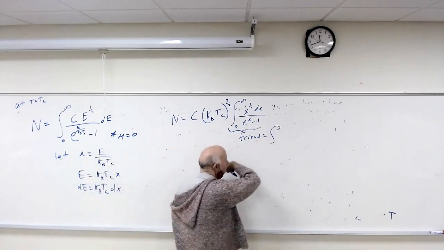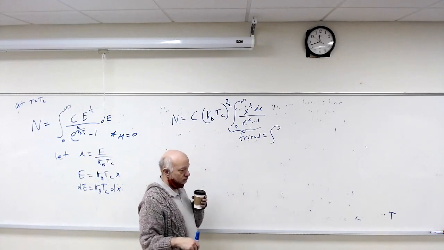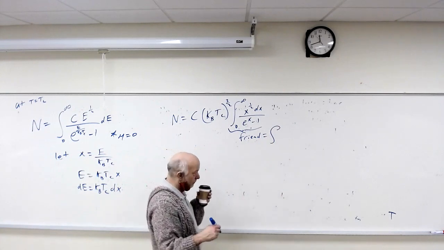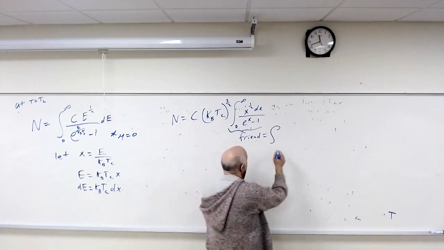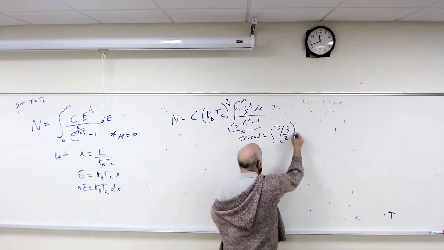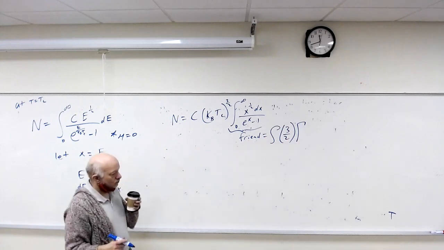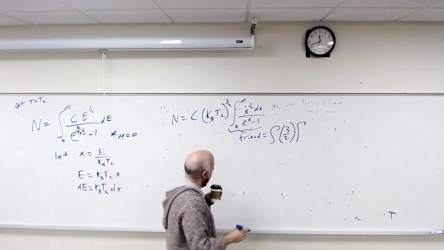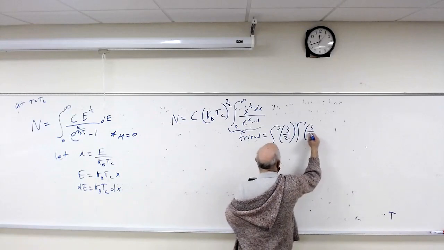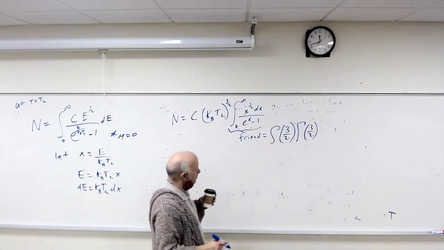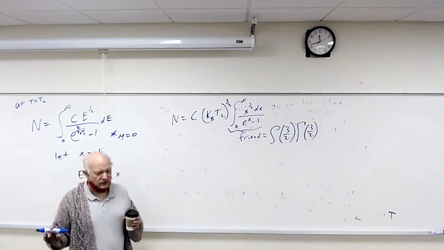It's the Riemann zeta function of 3/2, going to n plus 1, times the gamma function of 3/2. I think when you work that out, that ends up being like 2.6 or something.